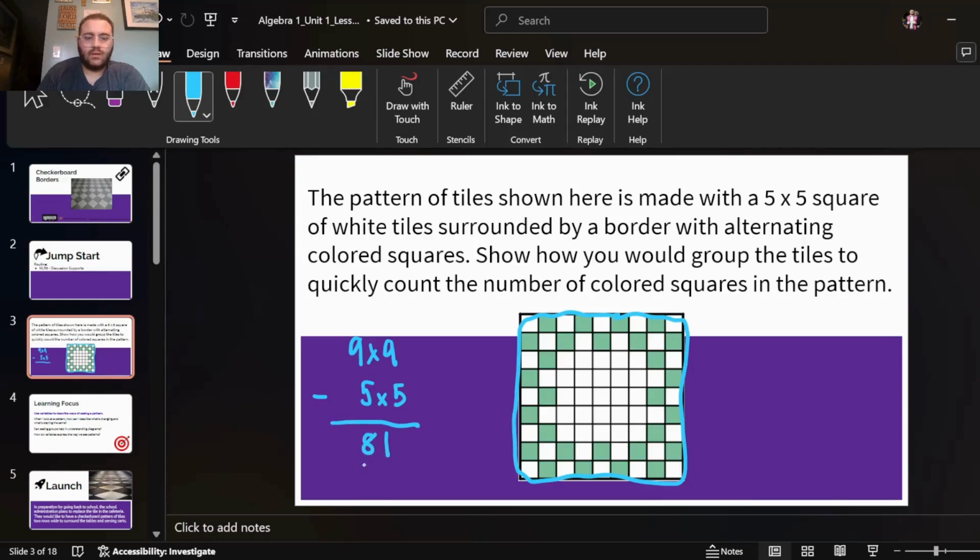So that's 81 minus 25, which is equal to, let me carry the 1, 56.